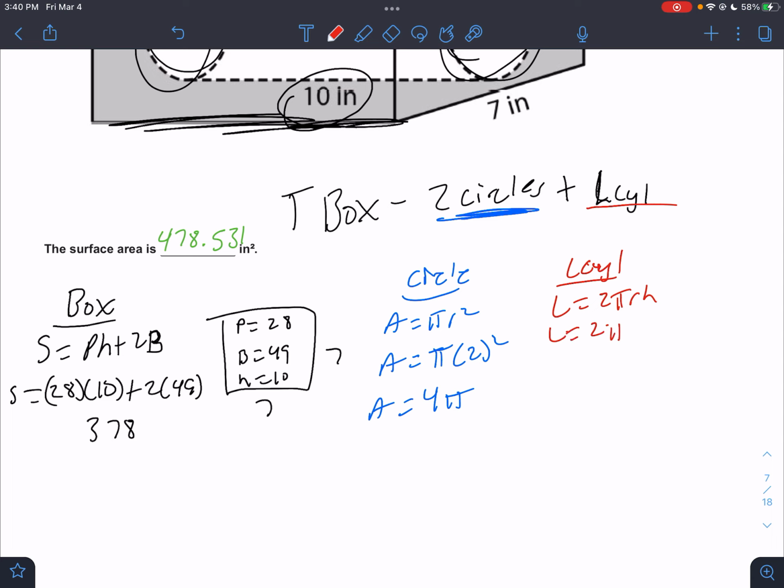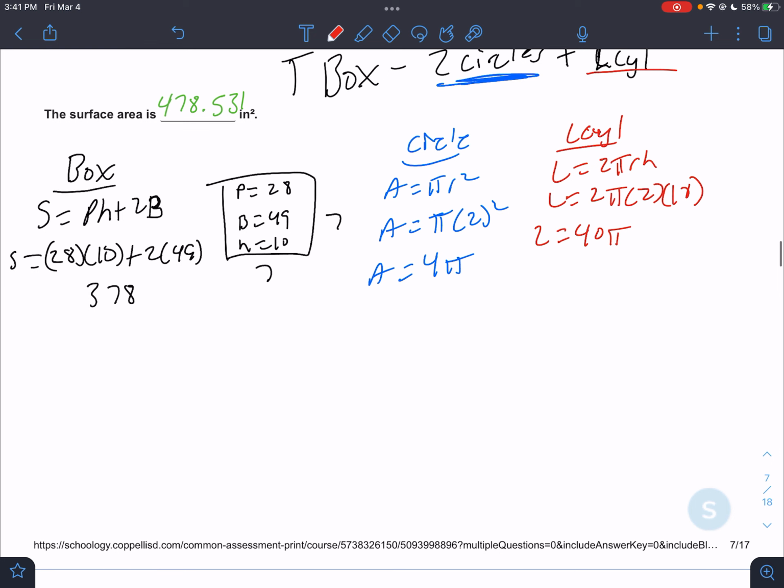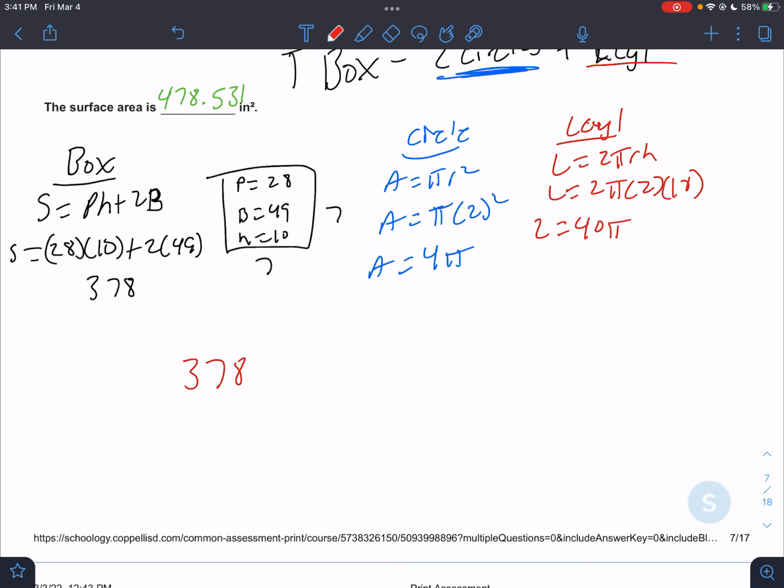So that's going to be 2 pi times 2, but the h part is 10. So that's going to be 40 pi. So the final answer is 378 minus the 2 circles plus the lateral. So it's 378 plus 36 pi.